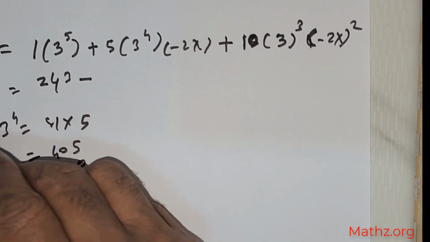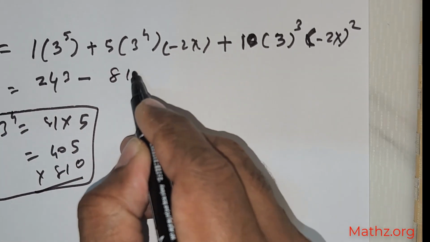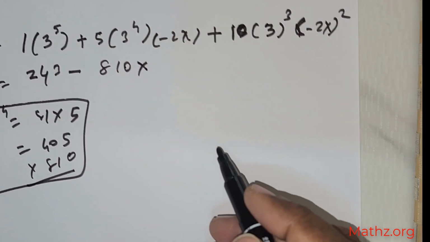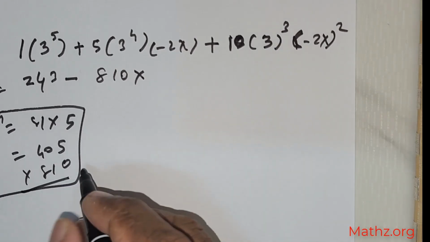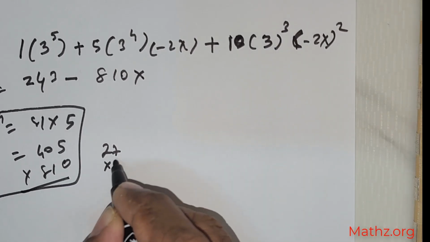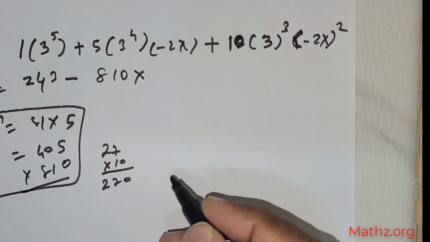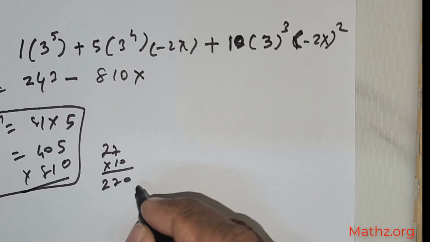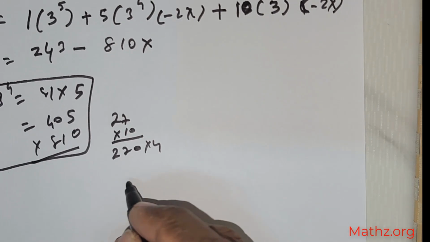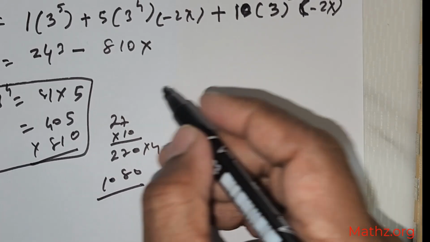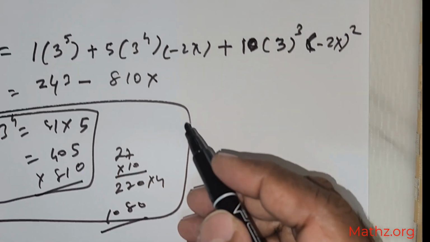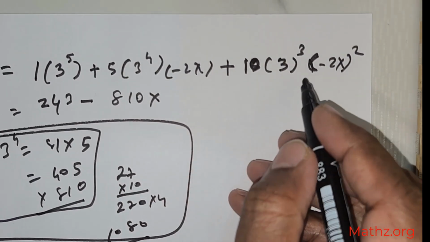So this is going to give you 810. Now you got an x there, followed by 3 raised to the power of 3. That's 27 times 10, that's going to be 270, multiplied with 4. So 7 4s are 28, 2 4s are 8, 9, 10. So you get 1080. So all these workings are for your understanding.